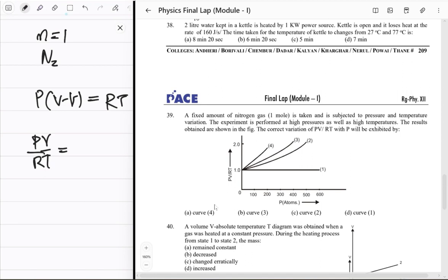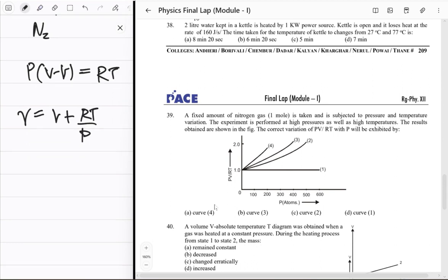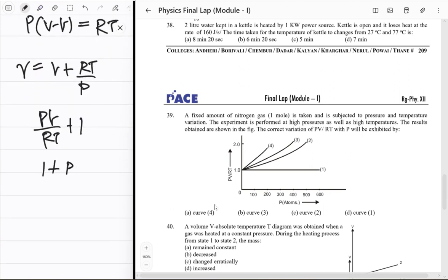Maybe you just need to figure out what V is. So V is just equal to B plus RT upon P, right? And you multiply this by P for PV upon RT. So P times this thing is PB upon RT, plus P upon RT of this guy, which is actually just 1. Cool. So it's just 1 plus PB upon RT.